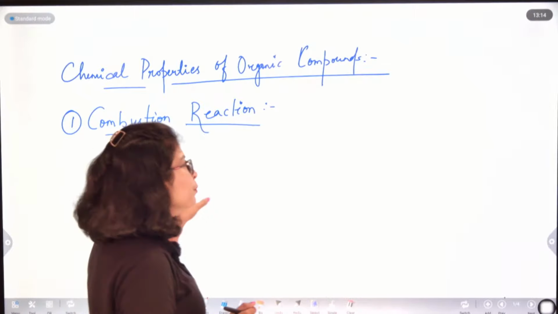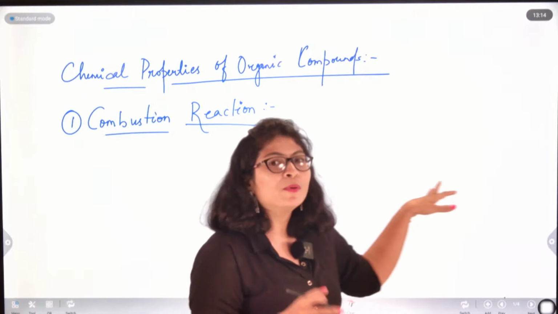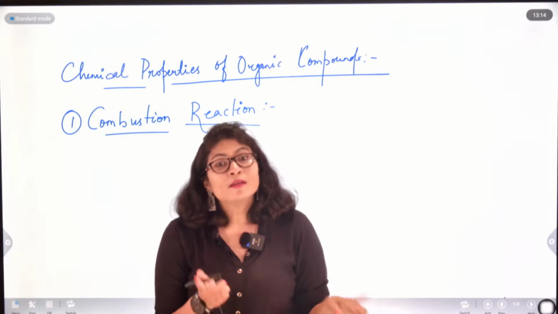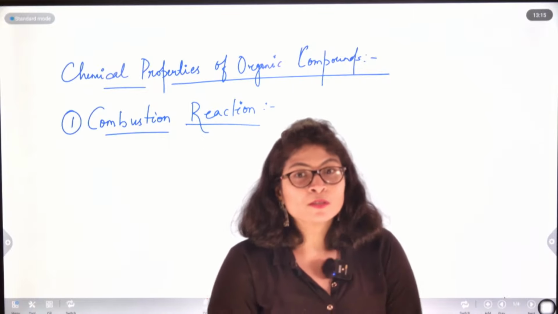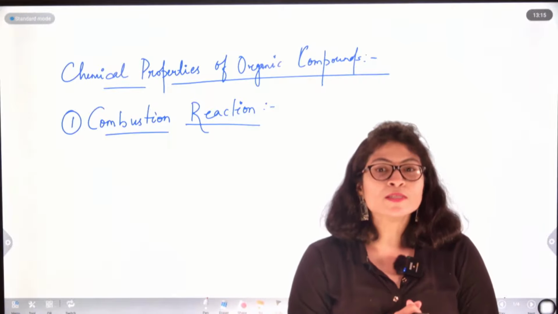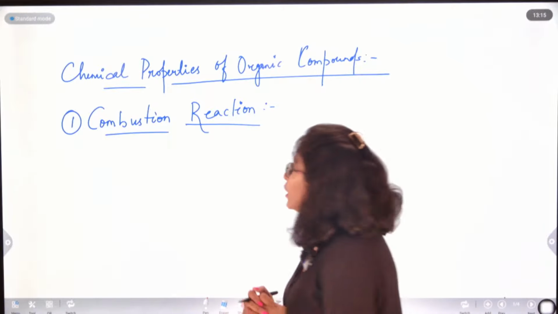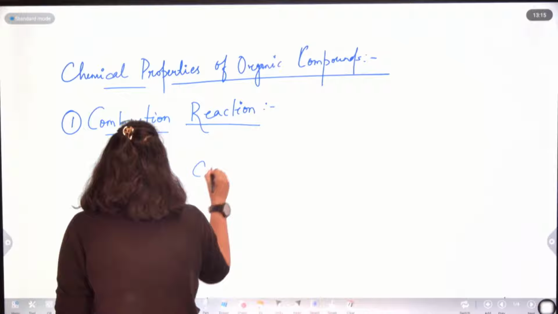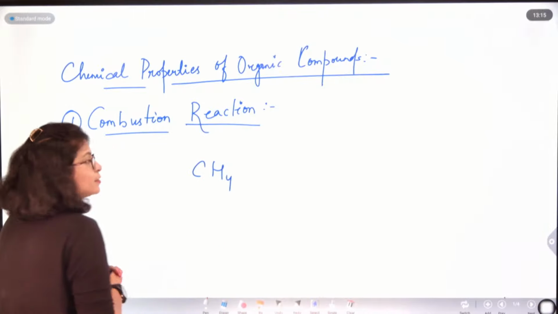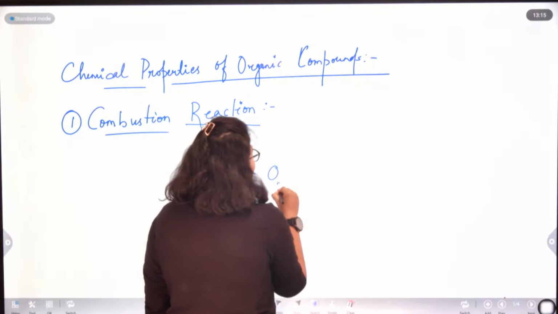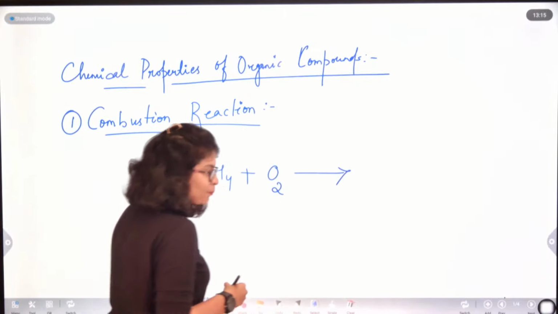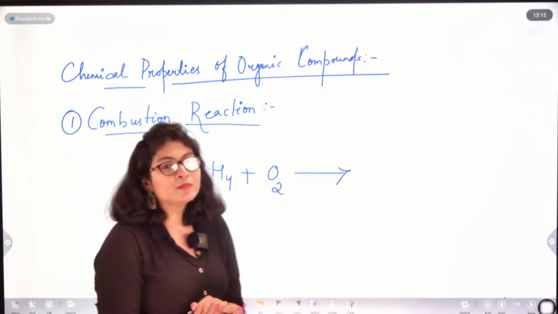So what do you mean by combustion? Combustion means burning of something, and in the language of chemistry we can say reaction of any compound with oxygen. That is called combustion. Suppose, for example, any hydrocarbon, let us take methane. I am burning it in the presence of oxygen or air. Air contains majorly oxygen.